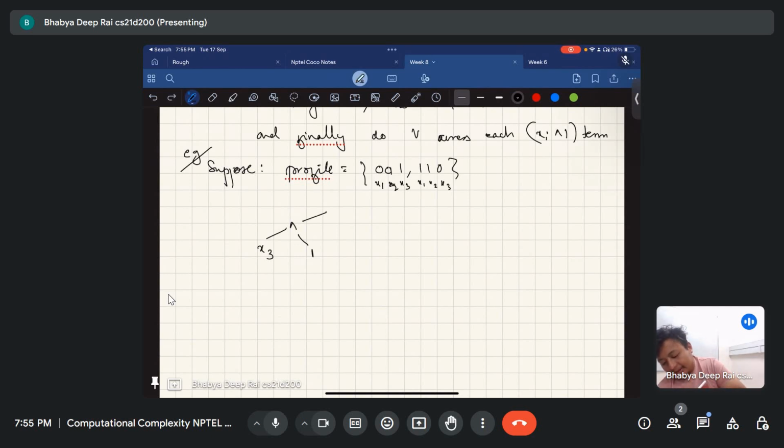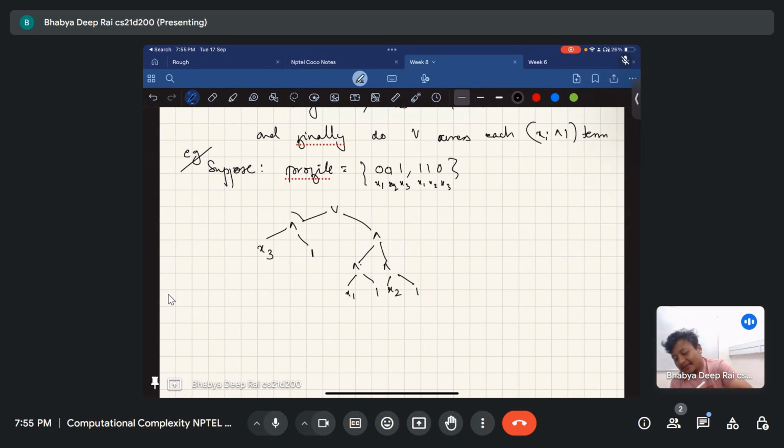Or the other option is this: x1 is 1, and x2 is 1, or I can even do x1 is 1 and x2 is also 1.